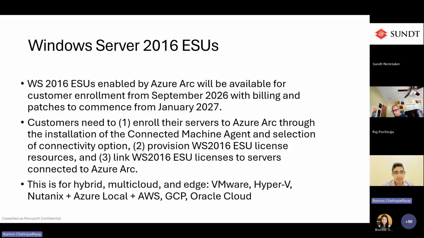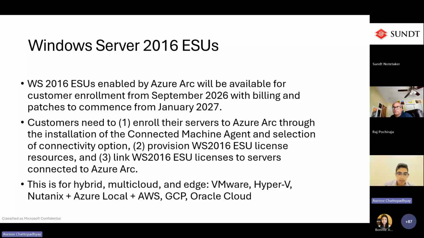They'll need to provision their ESU licenses and link those licenses for enrollment. We want to reiterate that the Arc solution is applicable across hybrid, multi-cloud, and edge. So across VMware, Hyper-V, Nutanix environments, Azure Local, as well as infrastructure running on other public clouds like AWS, GCP, and Oracle Cloud, you're able to use the Arc connected extended security update option across all of those.